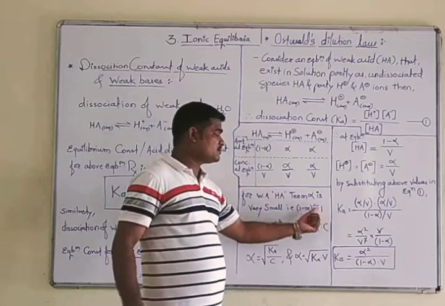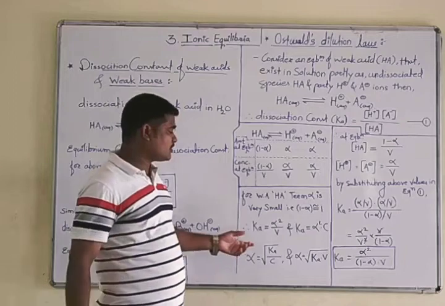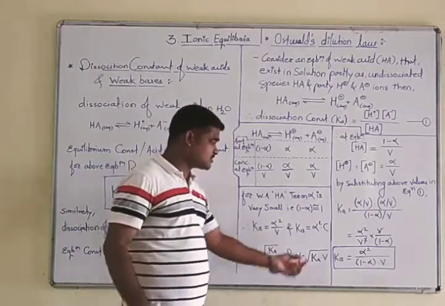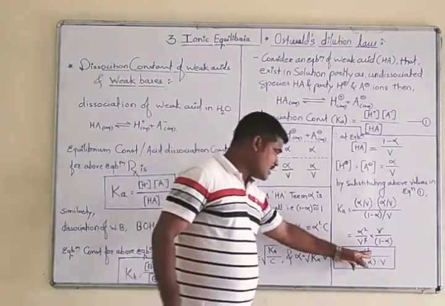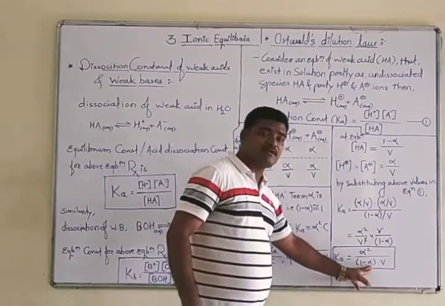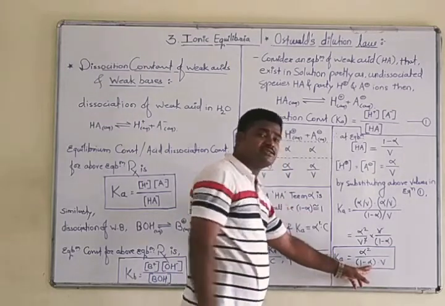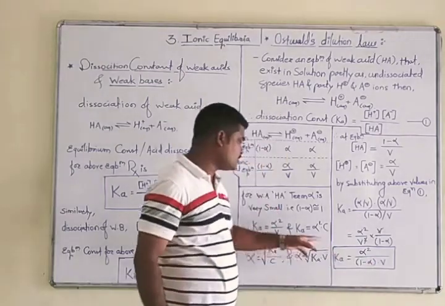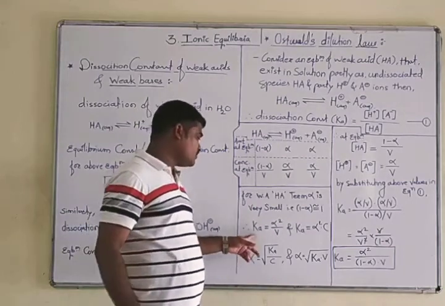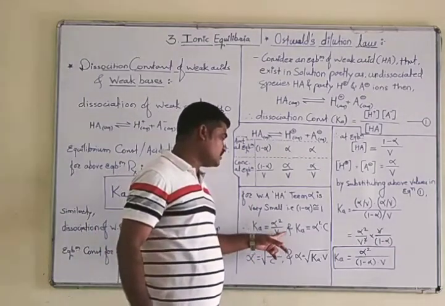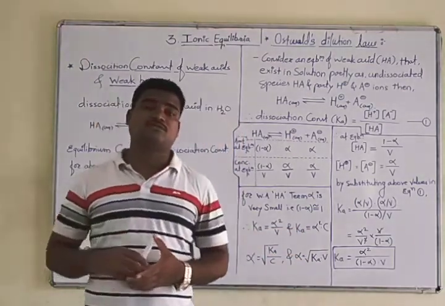Therefore we have to put this value in the above equation which we have determined just now. So Ka becomes alpha square divided by 1 minus alpha, and 1 minus alpha we have considered as 1. Therefore by putting this value here, 1 into V, you will get V. Therefore Ka is equal to alpha square upon V.